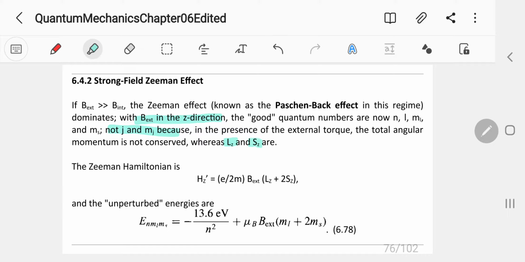So the Zeeman Hamiltonian here is written in this form instead of the total L and the total S.